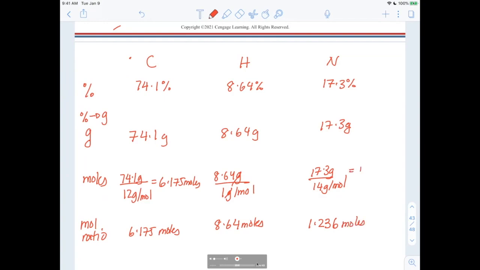Okay, so I'm going to write this here, 1.236 moles, and then here is 8.64 moles.